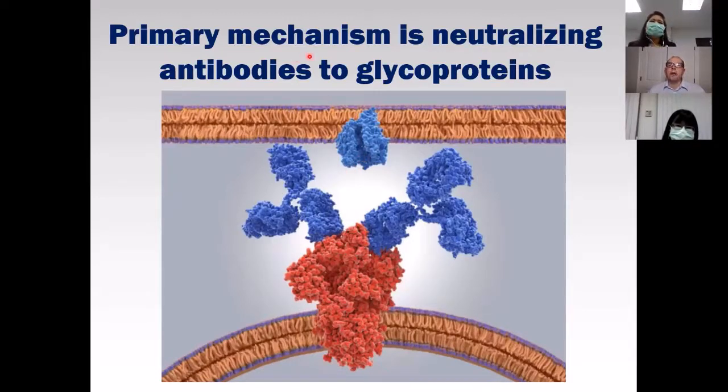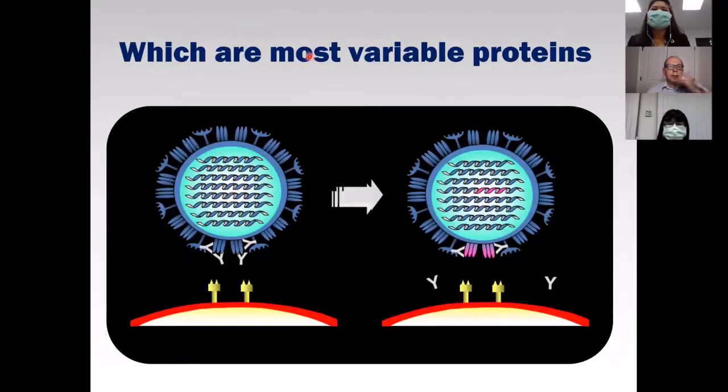But this primary mechanism is essentially the same between these two vaccines, although they go about it in quite different ways. The main problem is that by targeting these two proteins, either the spike or the hemagglutinin protein, these are the two most variable proteins on both of those viruses.